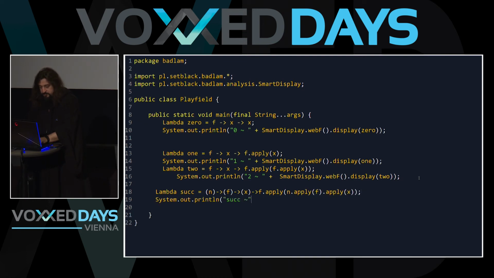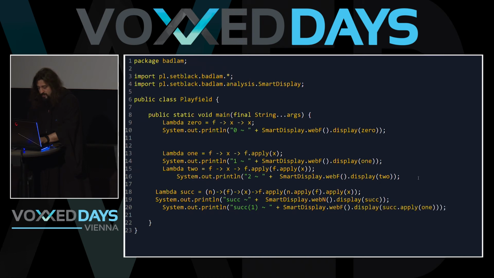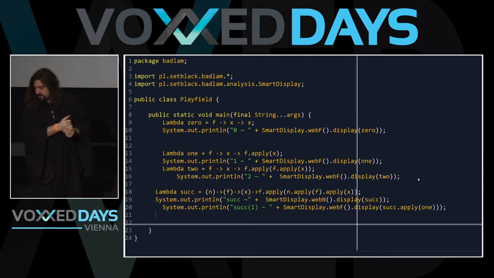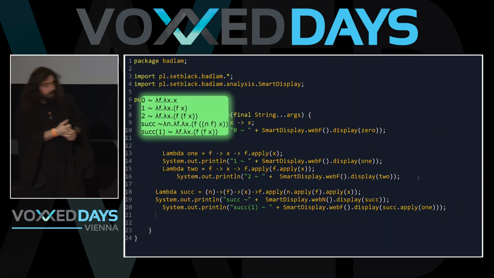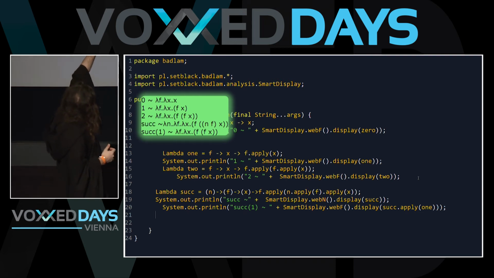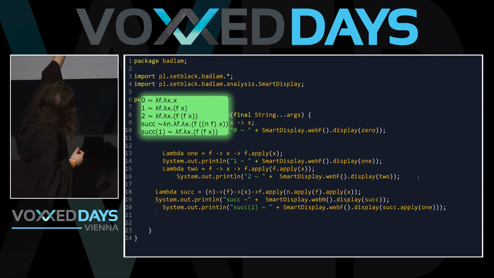Let's see the successor of 1, it would be easier. We display successor of 1, and as you see, successor of 1 is indeed the same symbol as 2. So it works. It's easy.